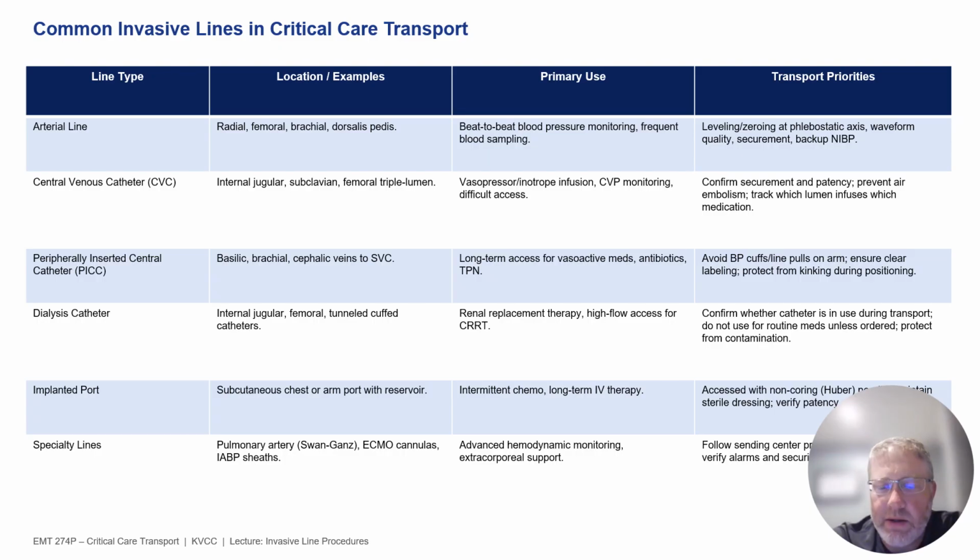Your role for transport should be confirming whether the catheter is in use. It may not be. Do not use that for routine meds unless you're ordered to, and always protect it and every other line from contamination at all costs.